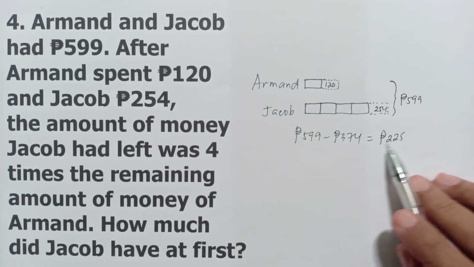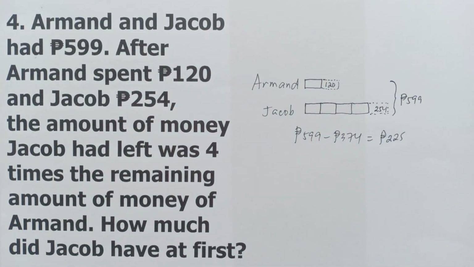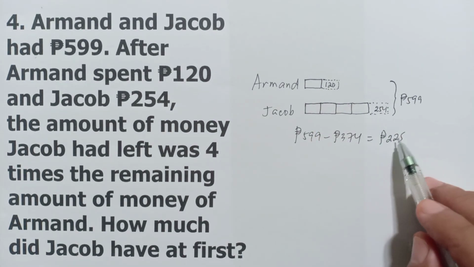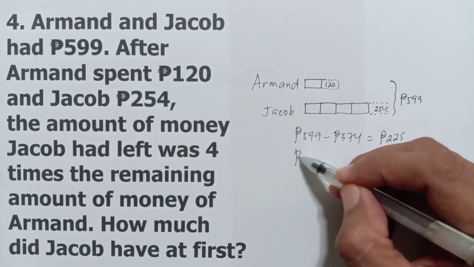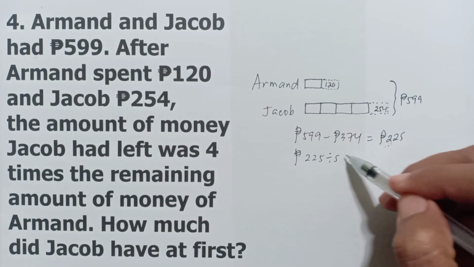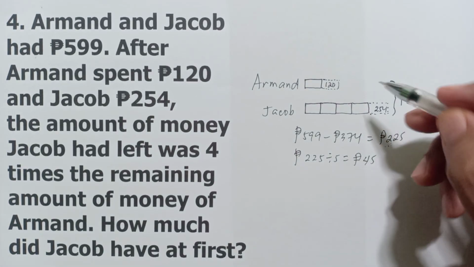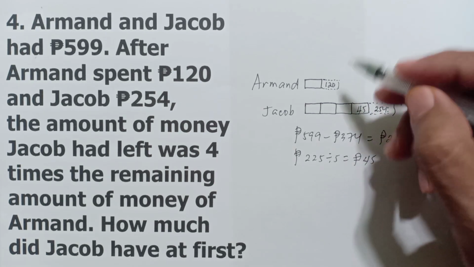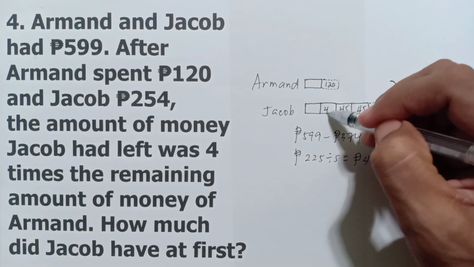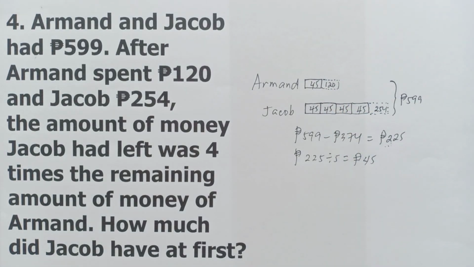This 225 pesos is the total of these 5 blocks. So to get 1 block, divide this by 5. So let's divide 225 by 5, and that will give us 45, correct? So each block here represents 45 pesos. Let's write 45 here and 45 there.